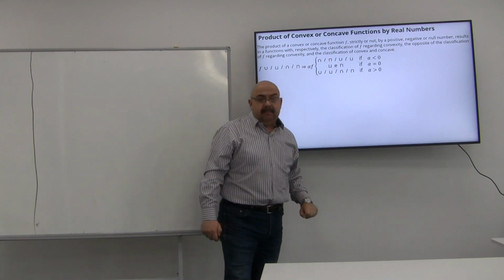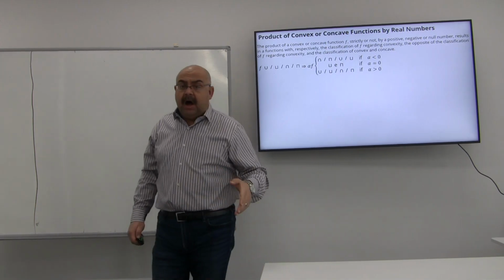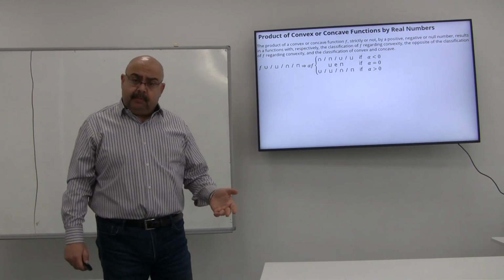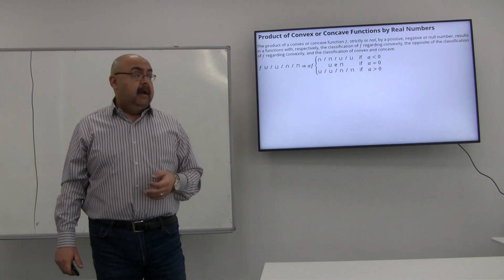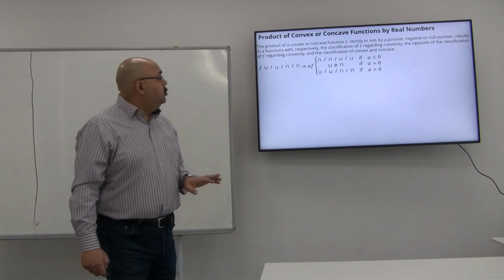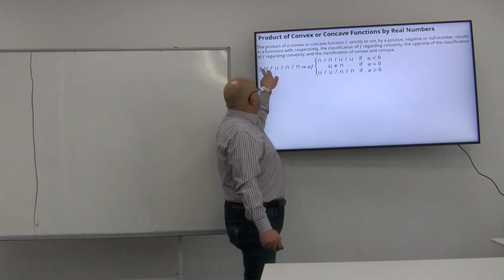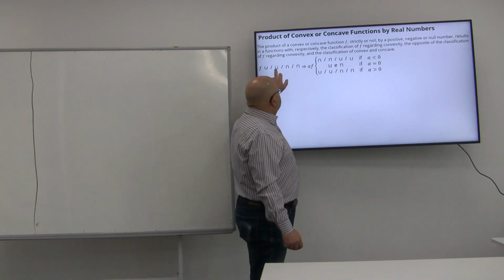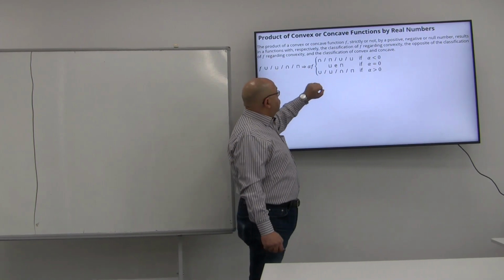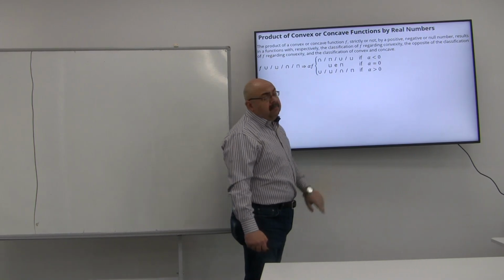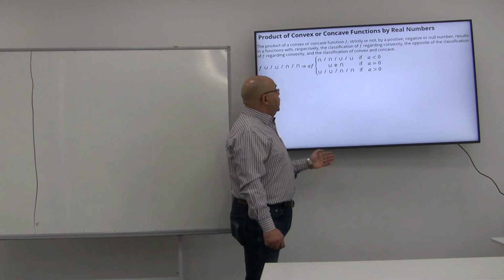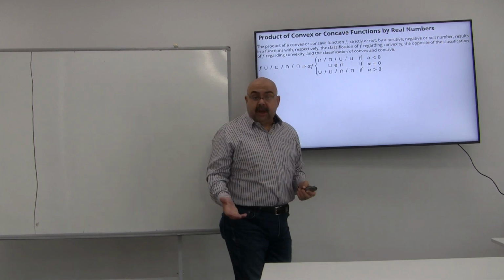If you multiply by a certain number, like a half or whatever, which stands for positive values, the result will also be strictly convex, it's going to be convex, and the same goes for the other two types.